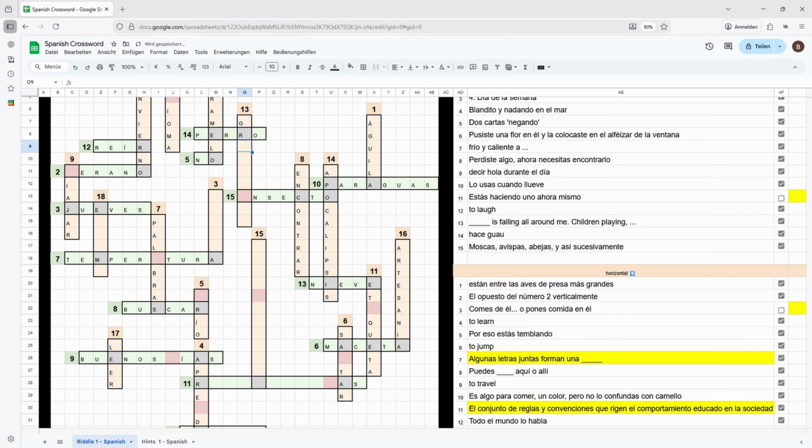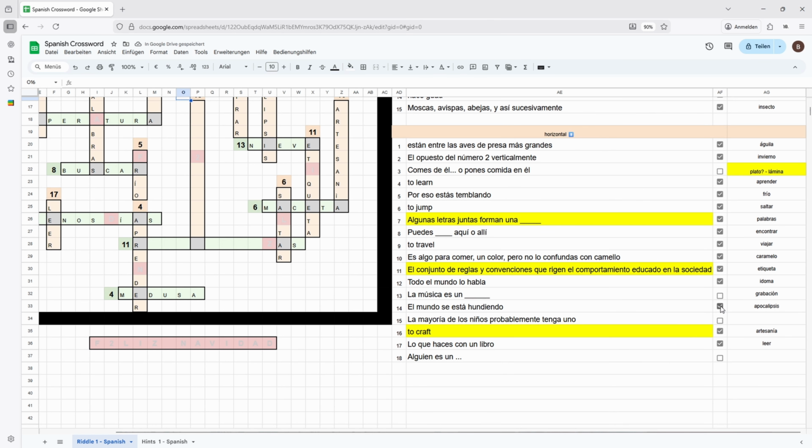So the R works. Grabación. It works from the letters, so we're going with that.